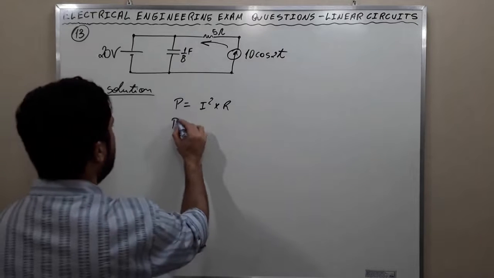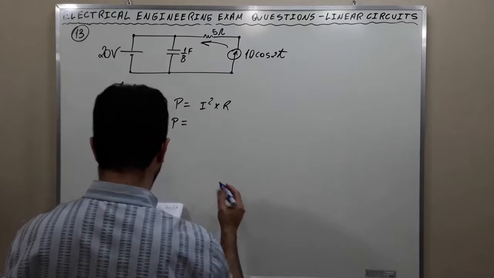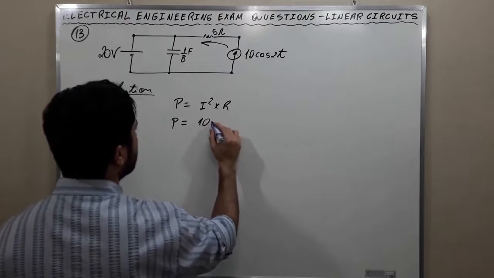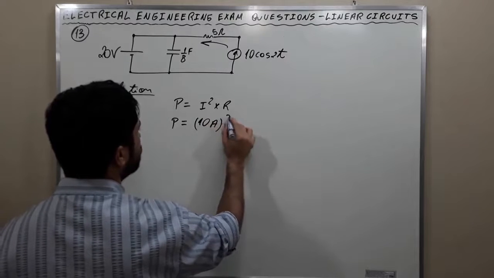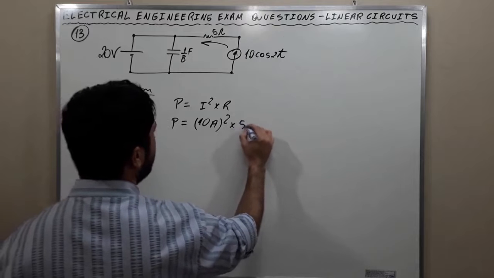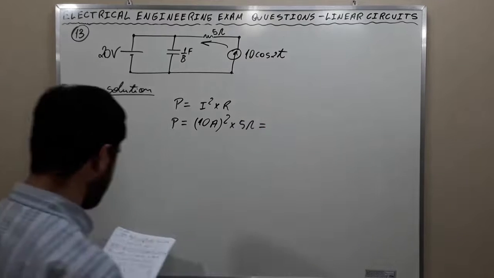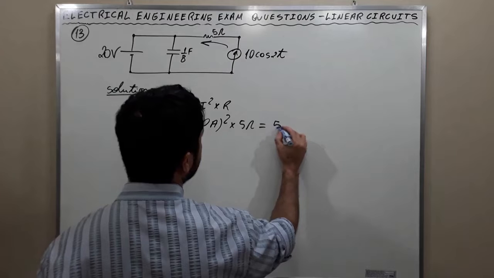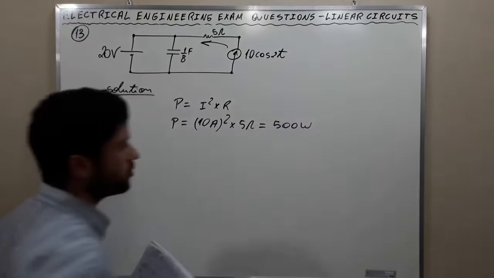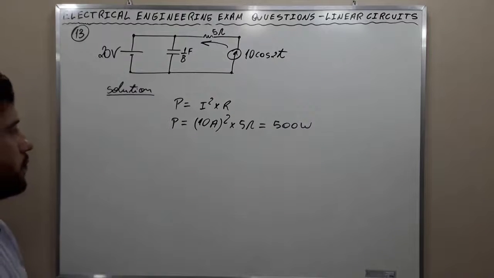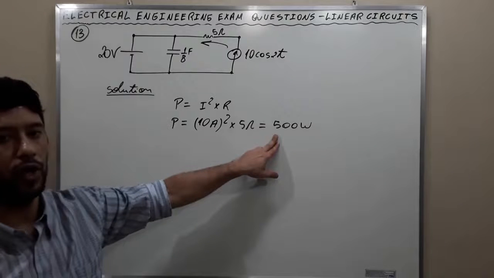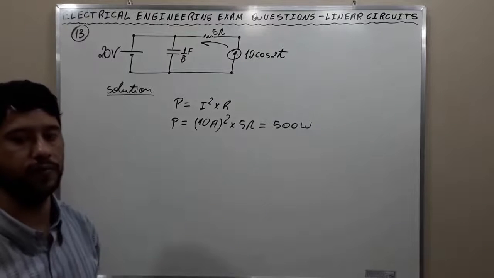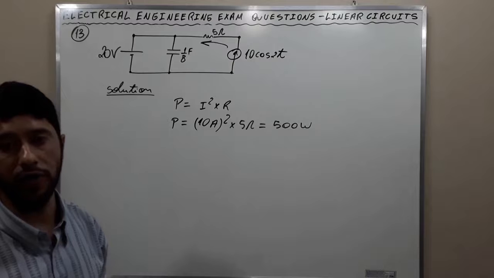Then the power is going to be 10 amps squared times 5 ohms, and this is 500 watts. Okay, my friends? This is the result of this question. Very easy, isn't it?